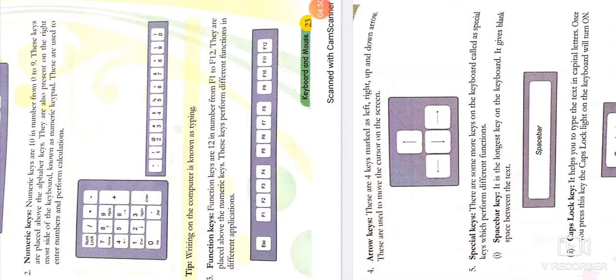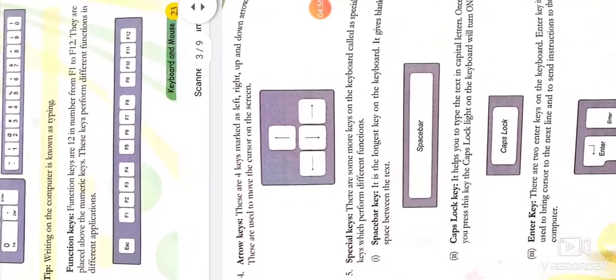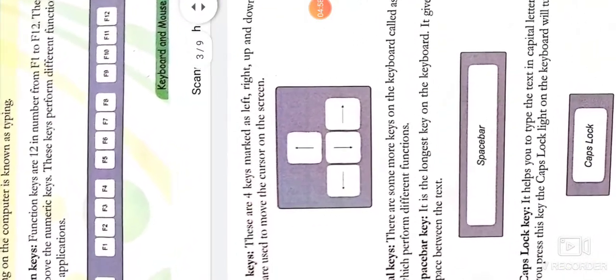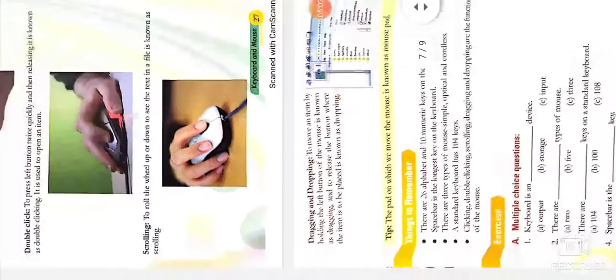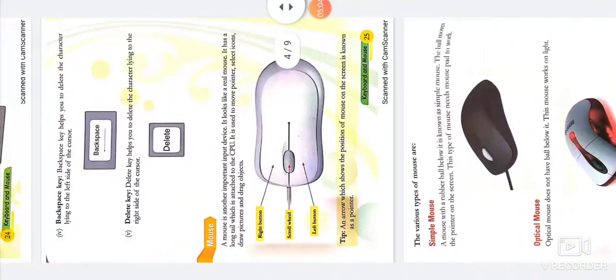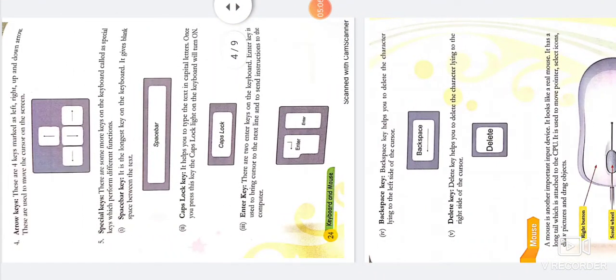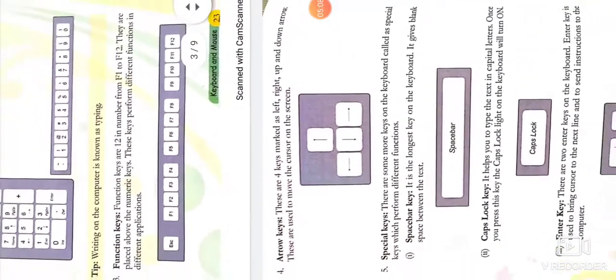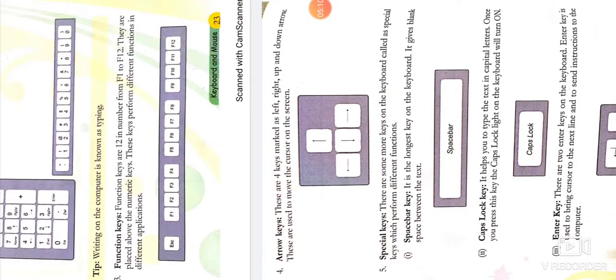All right, my dear students. Now move on to next key. Next one is arrow keys. These keys are marked as left, right, up and down arrow.